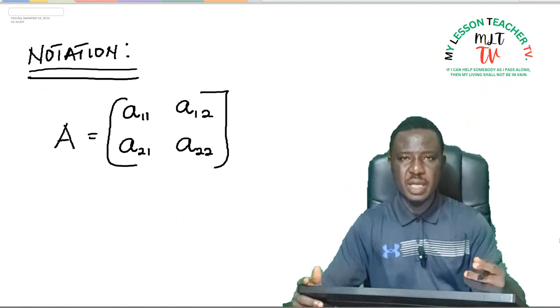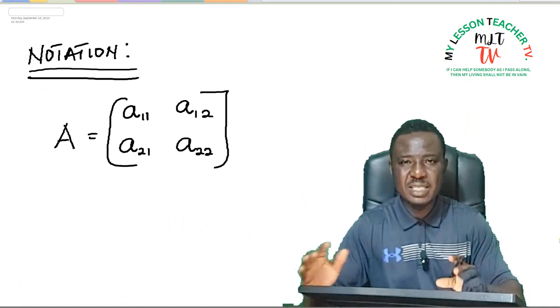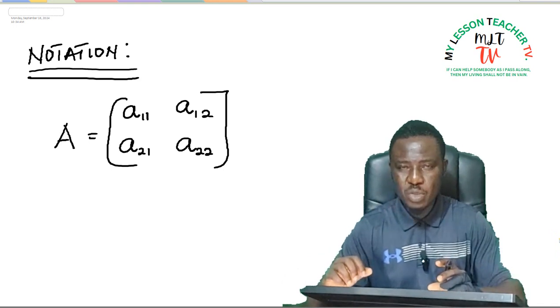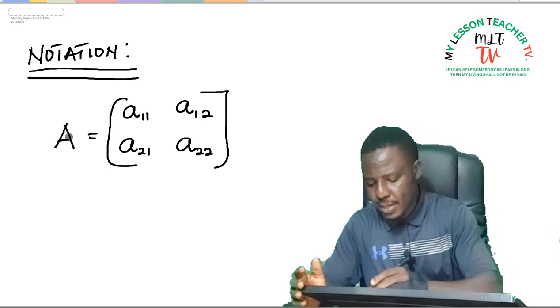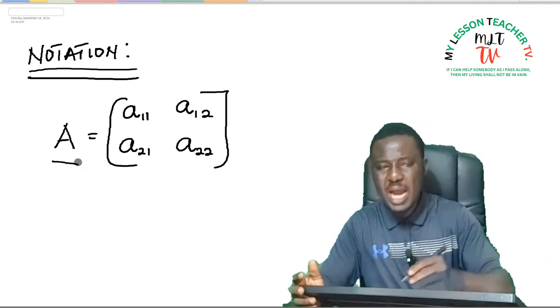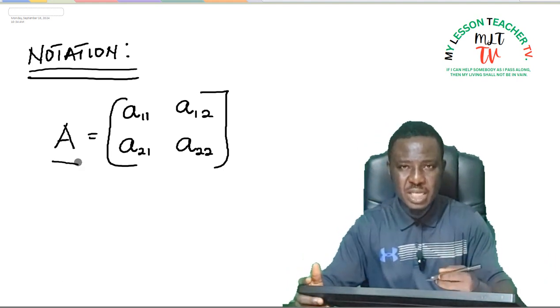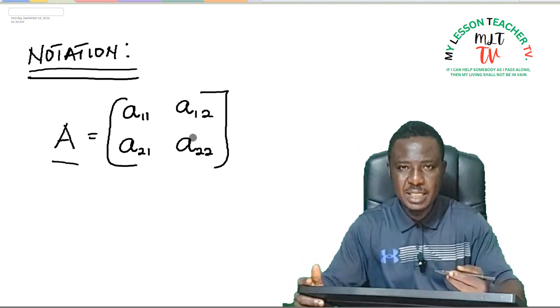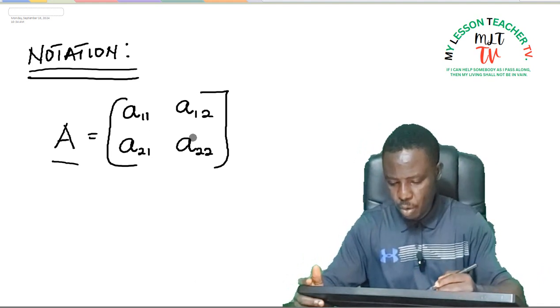Now, by notation, a matrix is represented using a capital letter, and most times it is in bold form. For example, this is matrix A, while the element of a matrix is represented using small letters, as indicated in the diagram on the board.